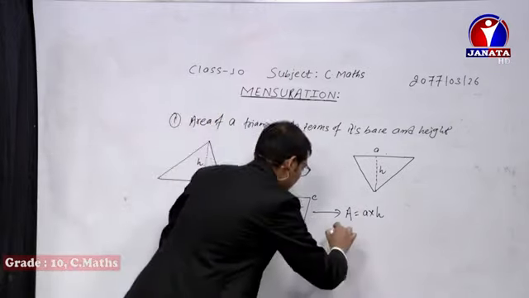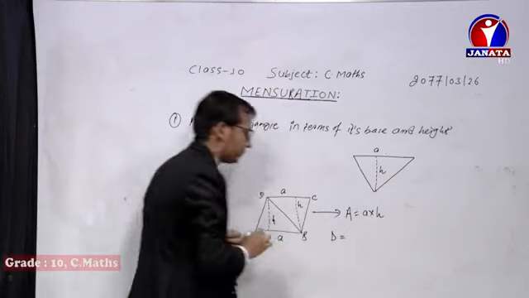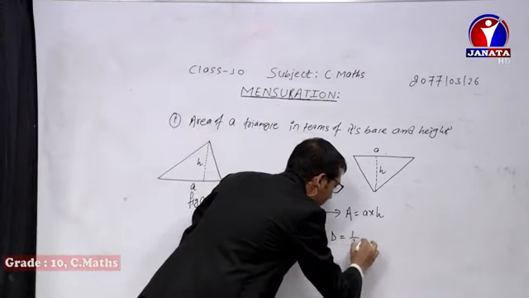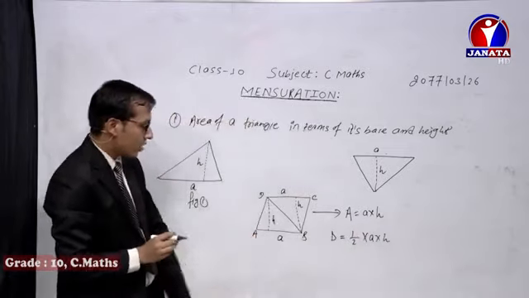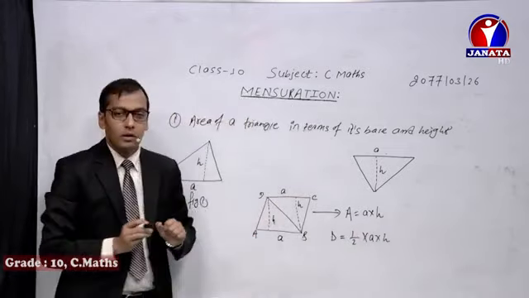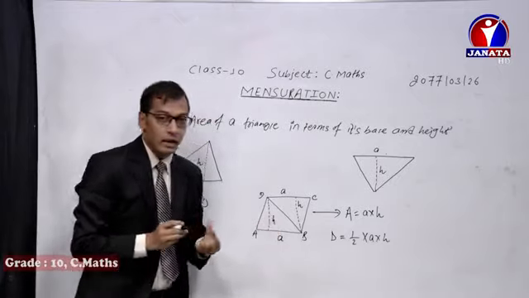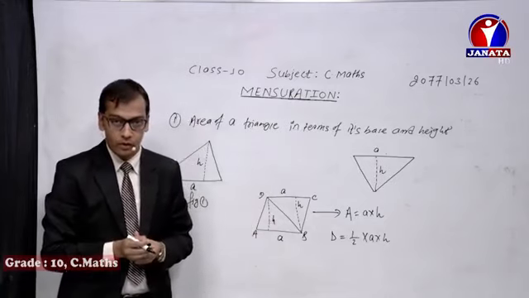So area of triangle is equal to 1/2 times base times height, because there are two triangles and the area of each triangle is half of the area of the whole parallelogram.